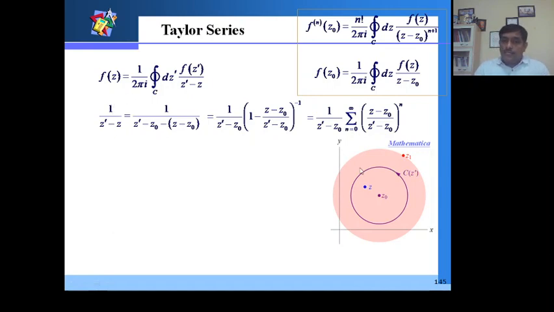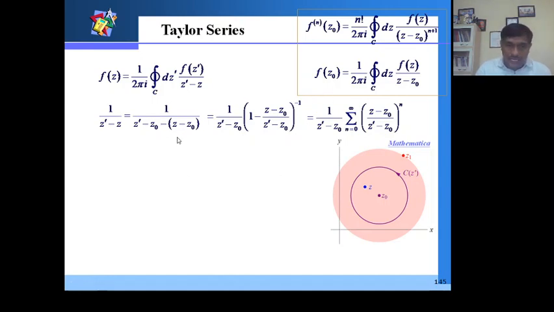Here 1 by z dash minus z is equal to 1 by z dash minus z naught minus z minus z naught, adding and subtracting z naught. Then we can rearrange this. Then this becomes 1 by z dash minus z naught times 1 minus z minus z naught divided by z dash minus z naught, whole power minus 1.